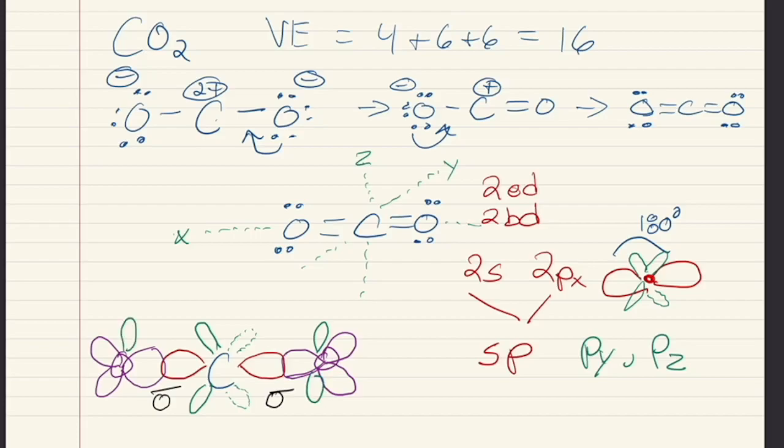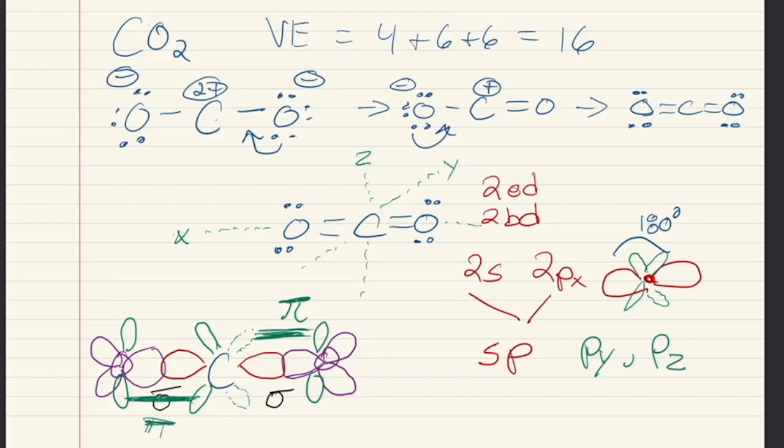If we remember, sp2 only uses 2. What we would actually have is interaction between these two, creating a pi bond for us, and interaction between these two, also creating a pi bond.